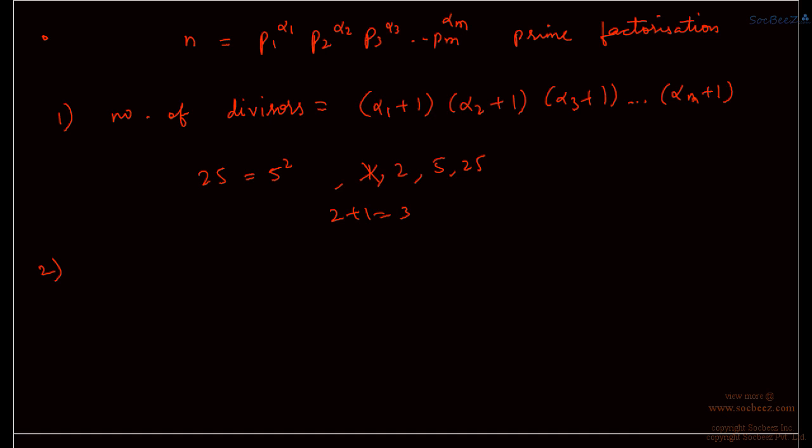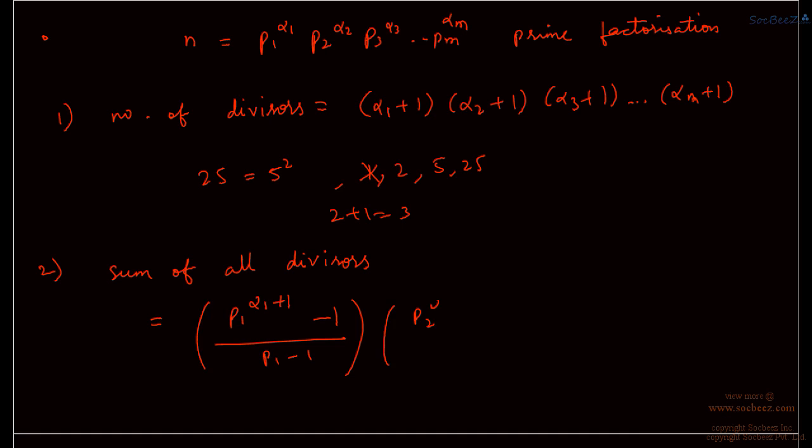Now again, what is the sum of all these divisors? We have a beautiful formula for this. That is equal to (p1 power alpha 1 plus 1 minus 1) by (p1 minus 1), into (p2 power alpha 2 plus 1 minus 1) by (p2 minus 1), similarly (p3 power alpha 3 plus 1 minus 1) by (p3 minus 1).